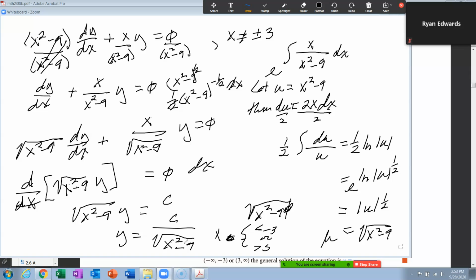Can't have either one of those, so that's where we're stuck. Okay? Now, that would be our solution, and that's exactly what they get here, but understanding you have singular points at x equal plus or minus 3.